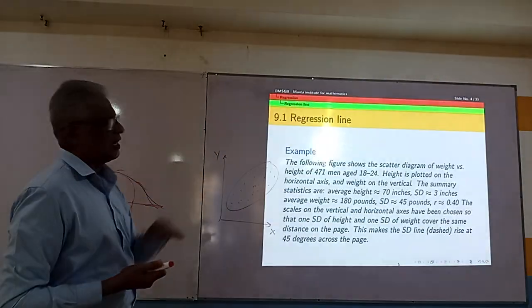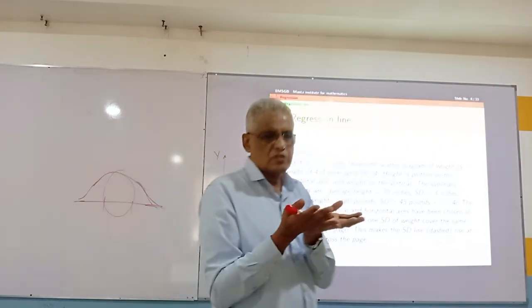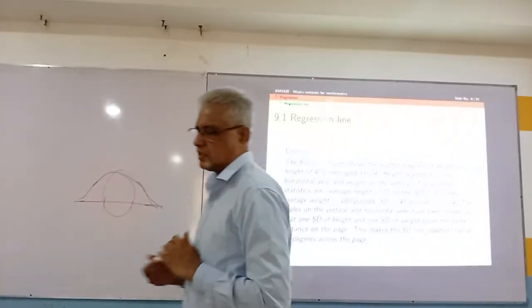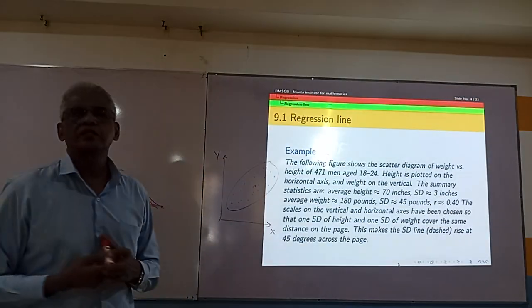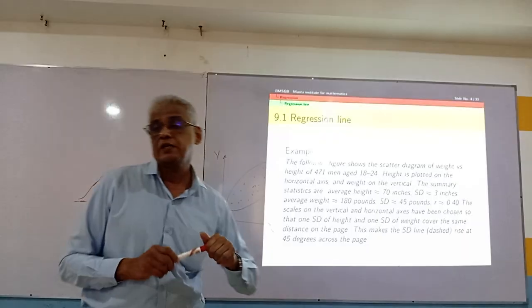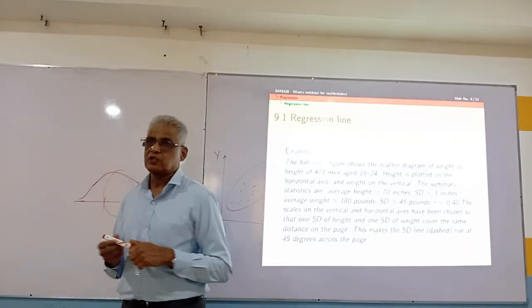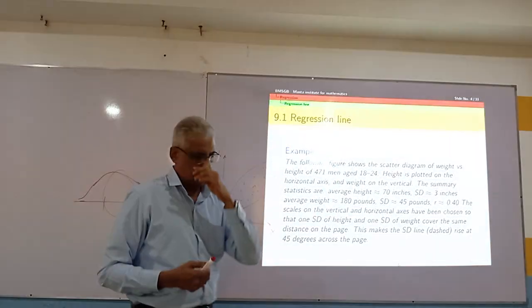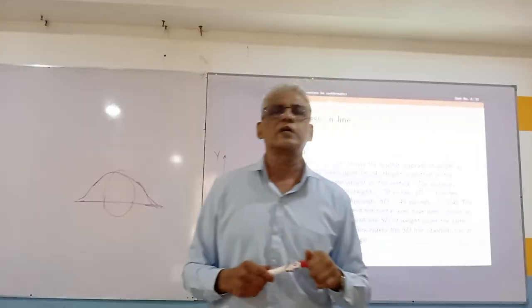And this usually happens if the joint distribution of x and y is, a little bit technical, a bivariate normal distribution, then usually we have this kind of scatter plot when you take a sample.